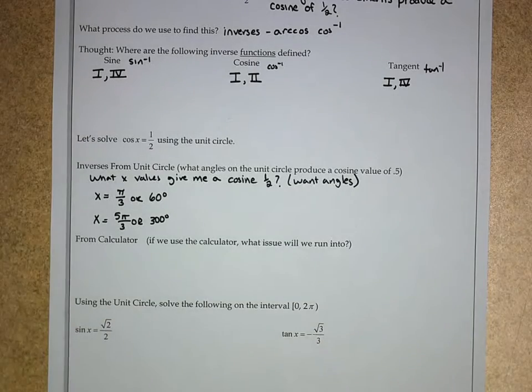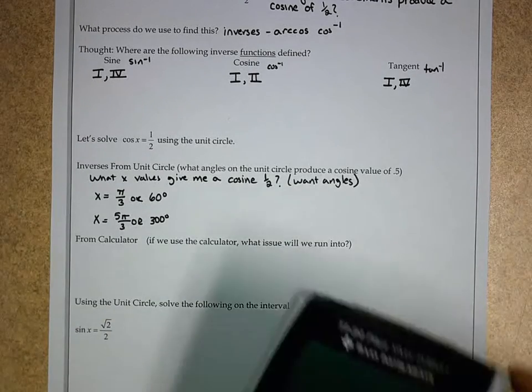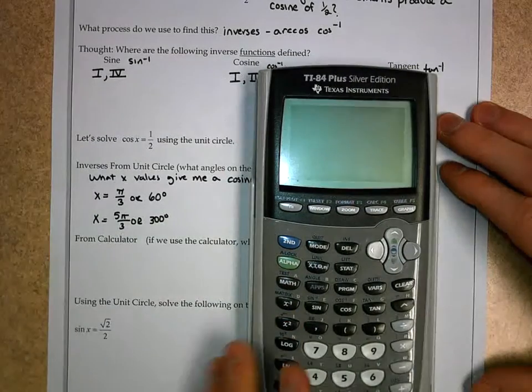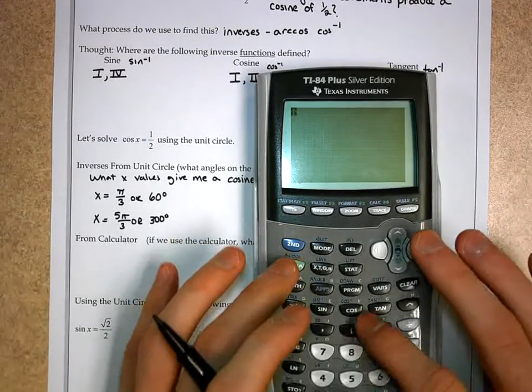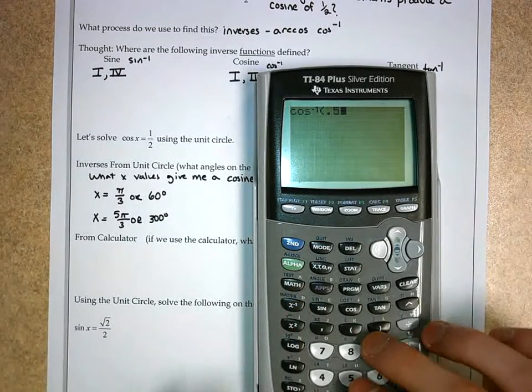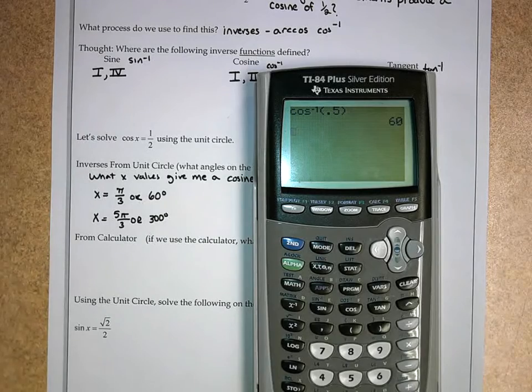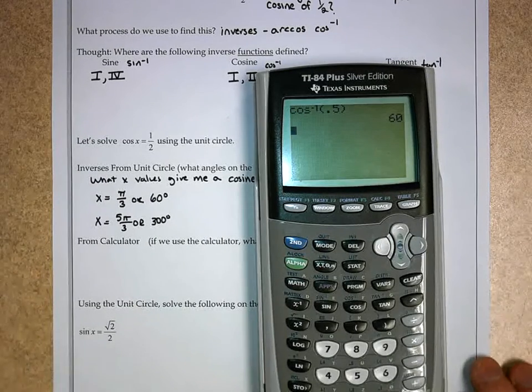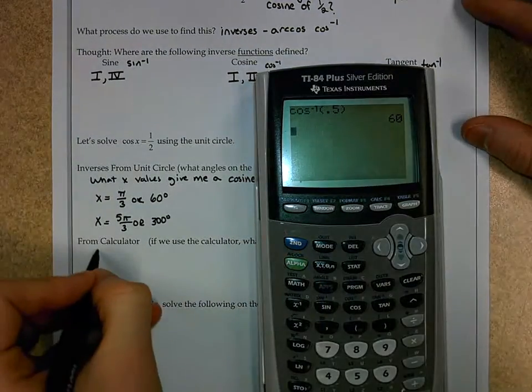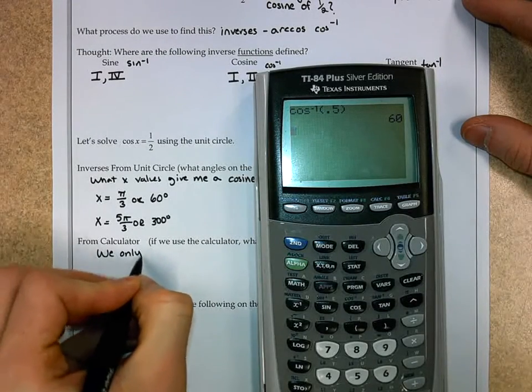But if we use the calculator, we only get one answer. So I go to the calculator, and I say the cosine inverse of 0.5, and I get the 60 degrees. So from the calculator, we only get one answer.